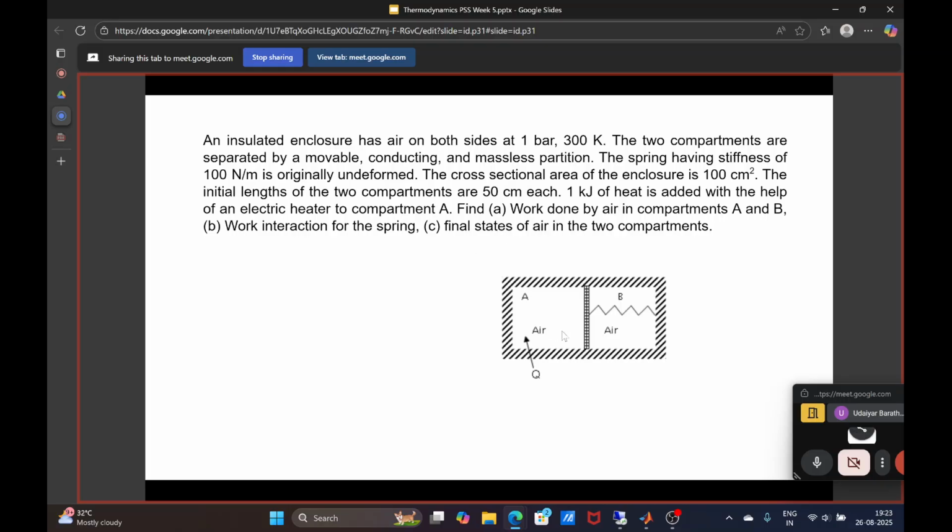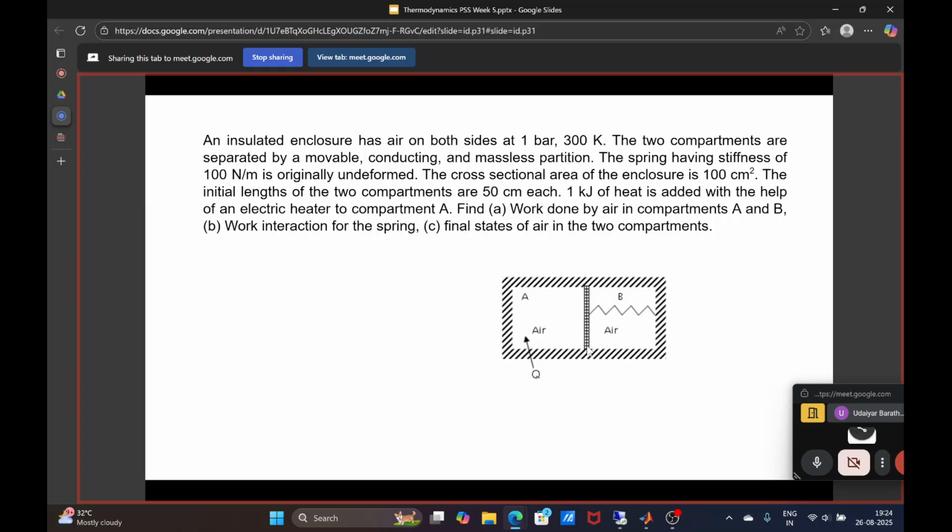This would not have happened if the partition were not conducting. Here it's conducting, so heat which is supplied to A also transfers as heat to compartment B.